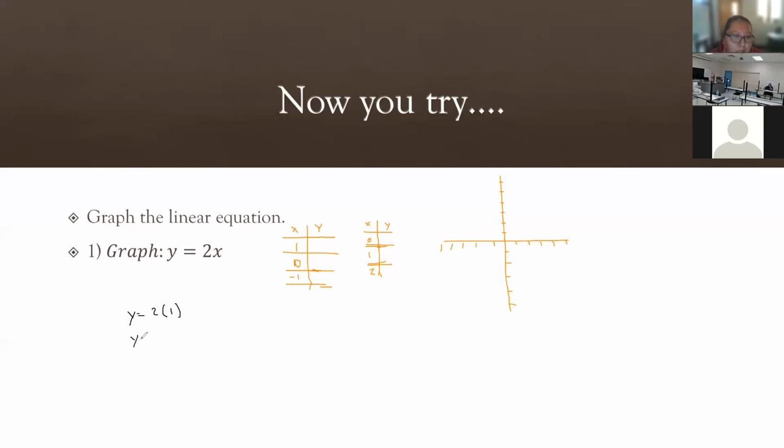So 2 times 1 is going to be 2. So this becomes a 2 right here. Then basically we're going to do the same thing with the other ones. We put our 0 right here. 2 times 0 will give us a 0.